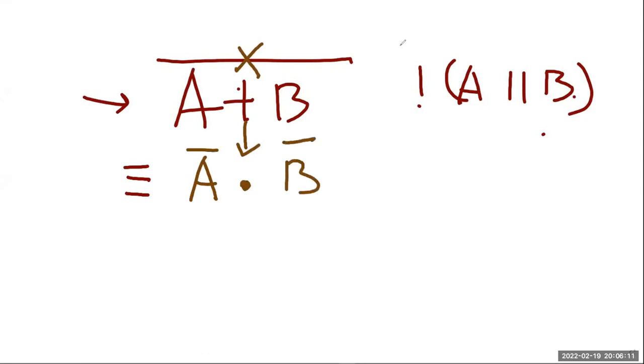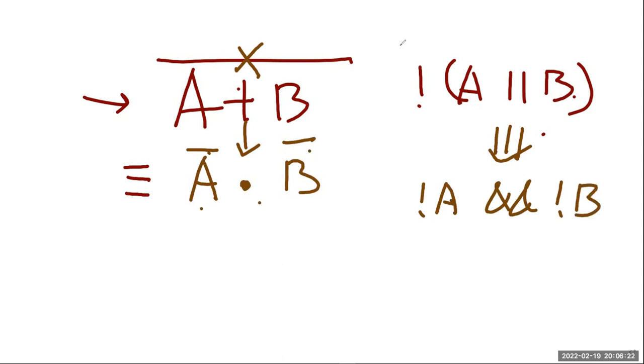So it becomes A bar and B bar, which means not A and not B, okay? This one is called De Morgan rule.